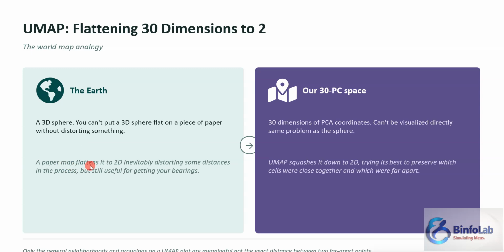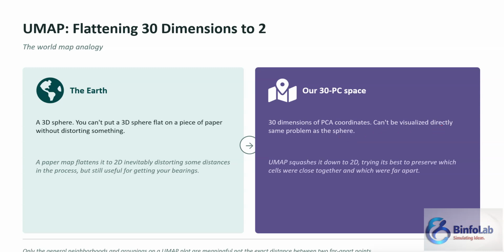A paper map flattens it to 2D, inevitably distorting some distances in the process, but still useful for getting your bearings. We will do exactly the similar thing, putting our 30 PCs on the UMAP 2D plain paper. So the 30 dimensions of PCA coordinates cannot be visualized directly.